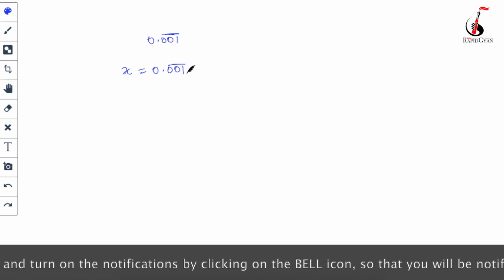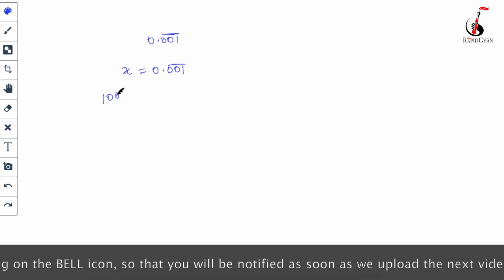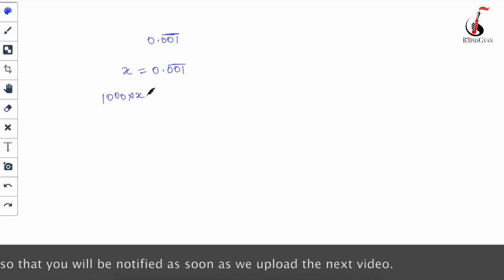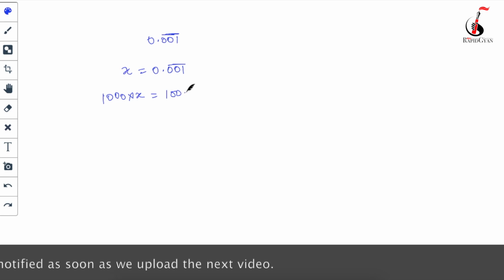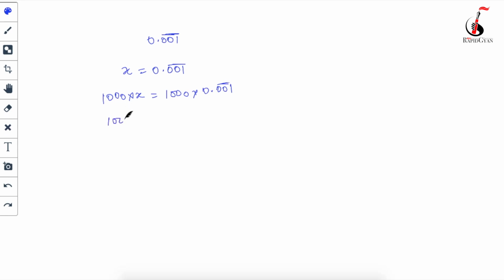Now how many numbers are repeating? 3 numbers are repeating, which means you will have to multiply by 1000. So 1000 times x is equal to 1000 times 0.001 bar. Now see what you will get after multiplying by 1000.